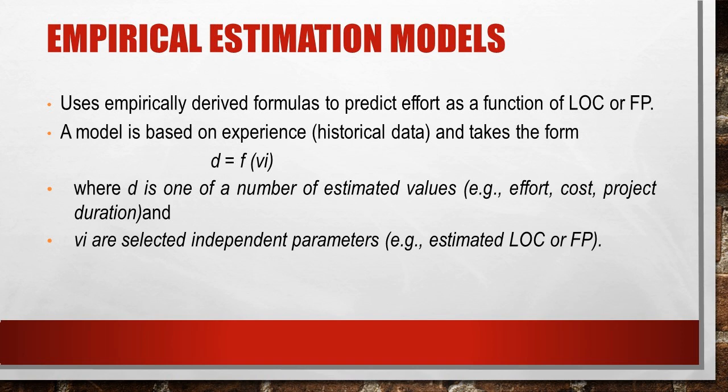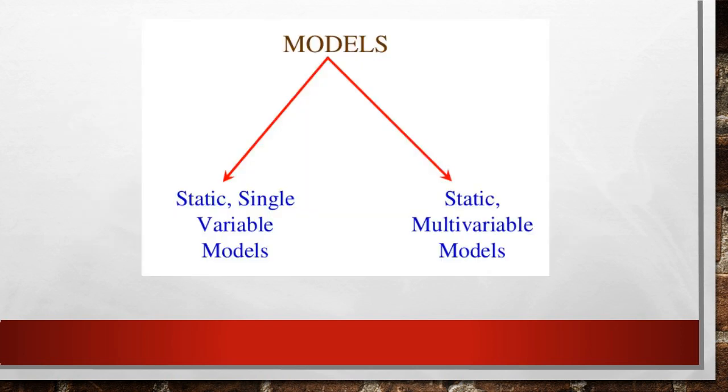An empirical model is based on experience, that is, historical data of previous projects is taken, and it takes the form D equals f of Vi, where D is one of a number of estimated values such as effort, cost, project duration, and Vi are the selected independent parameters, for example, the estimated line of code or estimated function point, etc. Empirical estimation models can be of two types: static single variable models and static multivariable models.